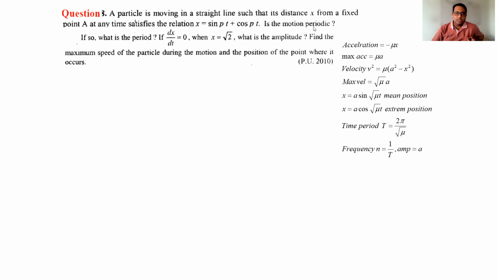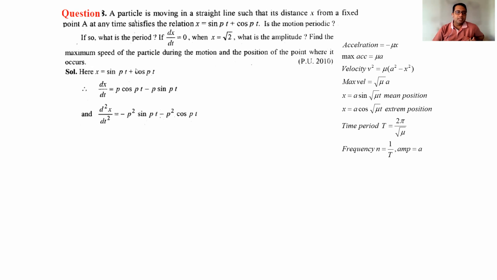Because if we prove that the motion is periodic, then we have to calculate the time period, T = 2 pi by root mu. And if dx/dt is 0, that means the velocity is 0 when x is root 2. What is the amplitude? Obviously, if this motion is proved to be simple harmonic, then velocity is 0 when x is equal to a. So this will be the amplitude, x equal to root 2. On this basis, we will calculate all the things.